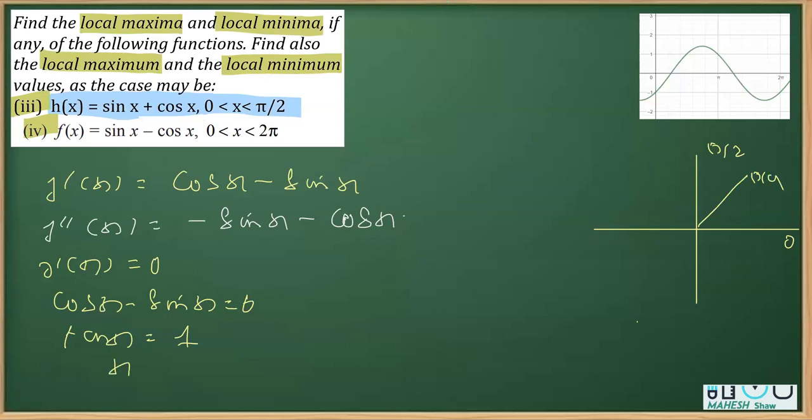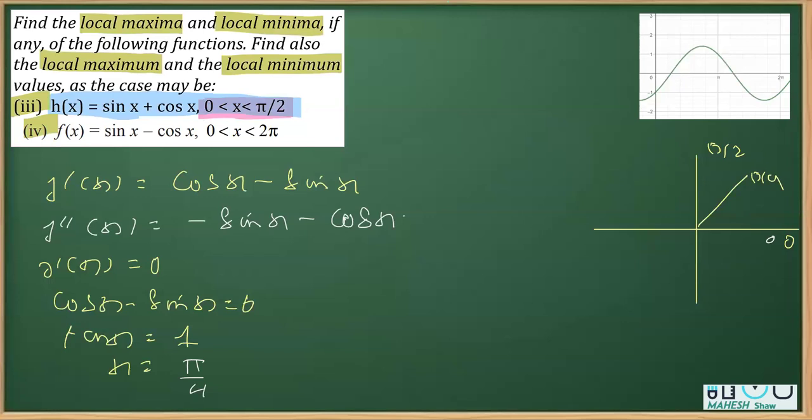It is important to remember that we are just considering this quadrant, and that's why we'll take only one critical point, pi by 4. The reason is just because we are considering the first quadrant. Had it been 0 to 2 pi, then we could have got another angle where tan x is equal to 1. So we got x is equal to pi by 4.